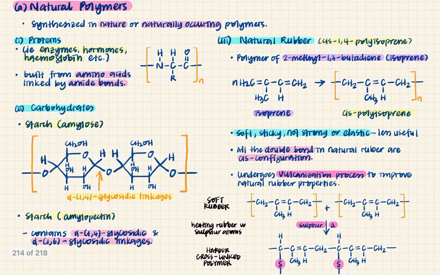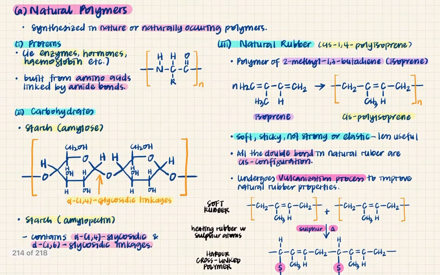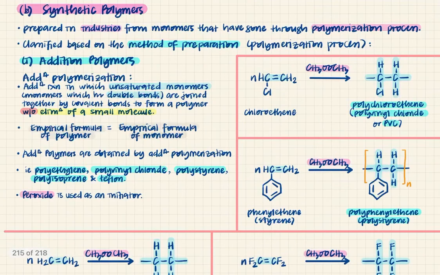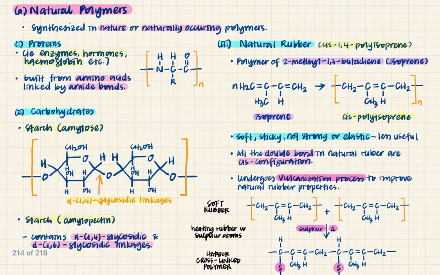Okay, next we have two types of polymers. We have the natural polymers and we have synthetic polymers. So natural polymers are those polymers that you find naturally, okay, daripada nature, contohnya kalau protein, you have our enzymes in our bodies, okay, hormones, hemoglobin in your blood cell, okay, benda-benda yang bukan awak buat, bukan manusia yang buat lah, okay, kita jumpa in nature.